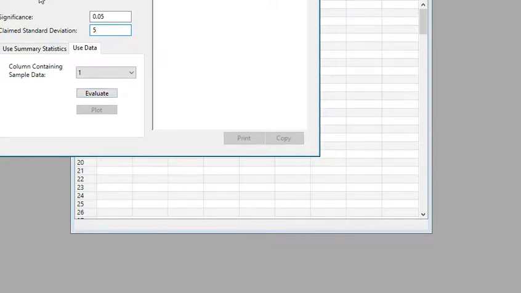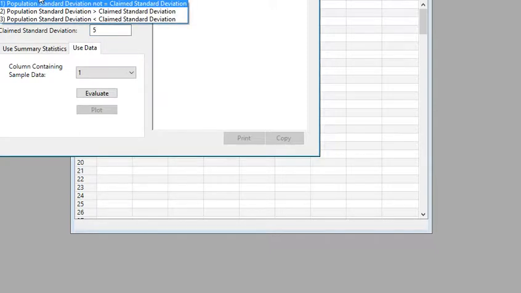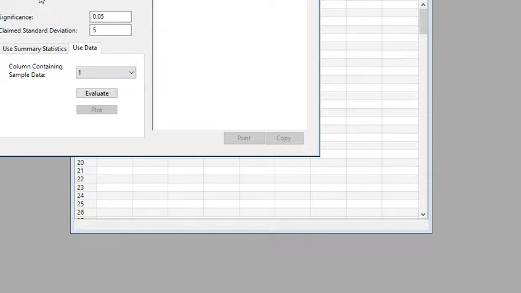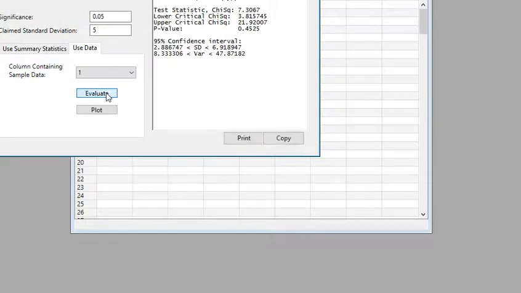Now, I'm not sure if it always defaults to 1, but this is the actual one we need. The alternative hypothesis is that standard deviation is different than the claimed standard deviation, or different than 5. So with the correct alternative hypothesis, let's click evaluate.